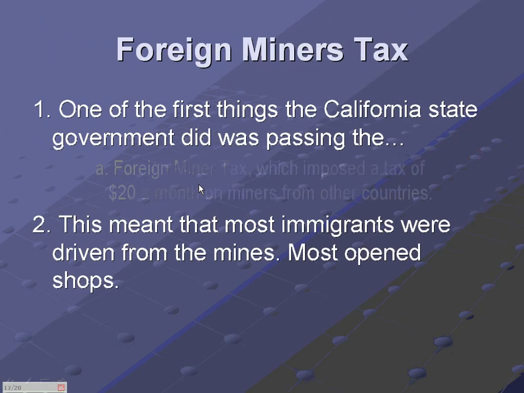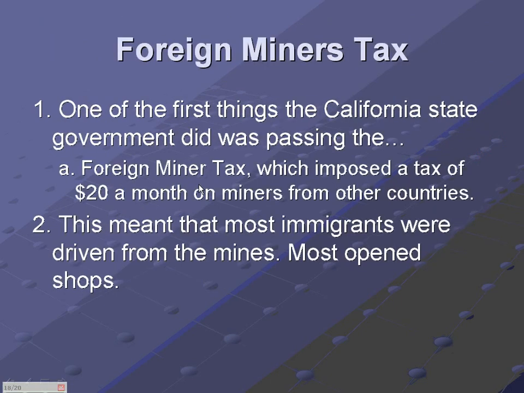Foreign mine tax. One of the first things that California's state government did was they passed the foreign mine tax, which imposed a tax of $20 a month on miners from other countries. But remember, $20 a month is not 2012 money. It's 1849 money.